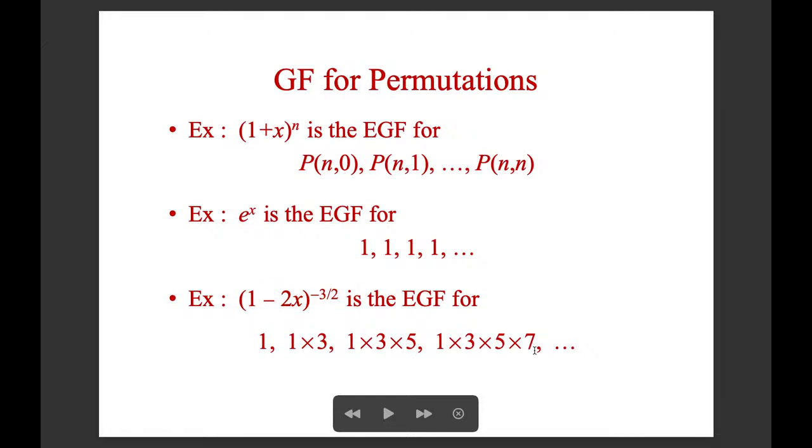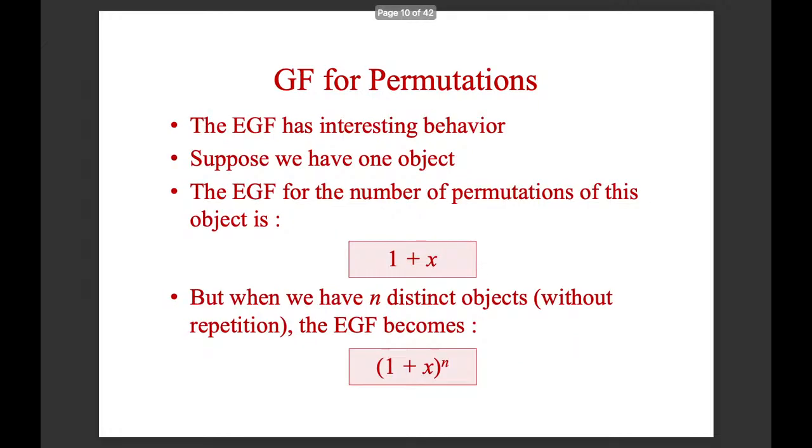So this is the definition of exponential generating function. We haven't talked about the property yet. The property is this one: the exponential generating function can be combined with the rule of sum and the rule of product. Each of these expressions talks about the number of ways.